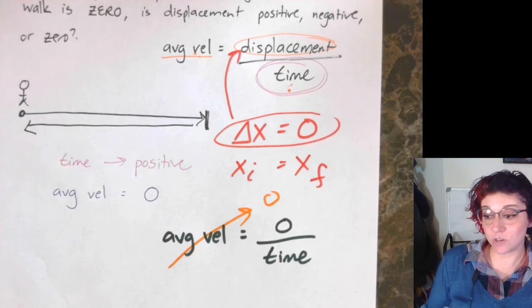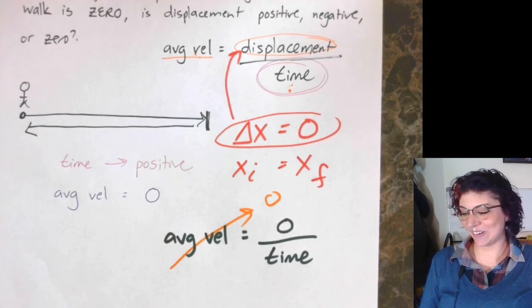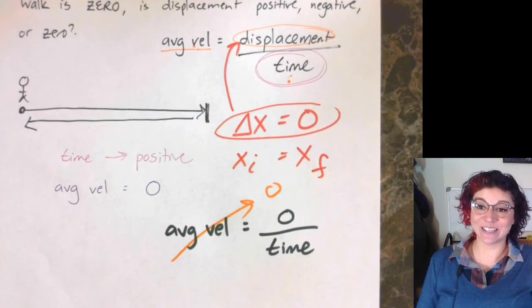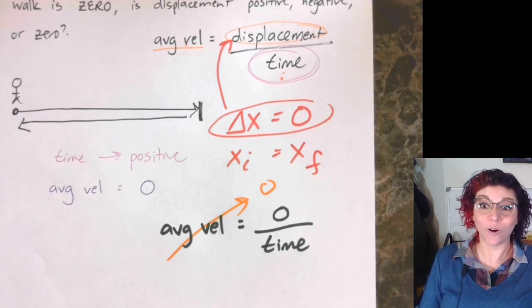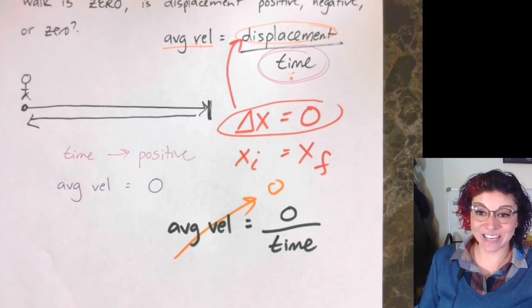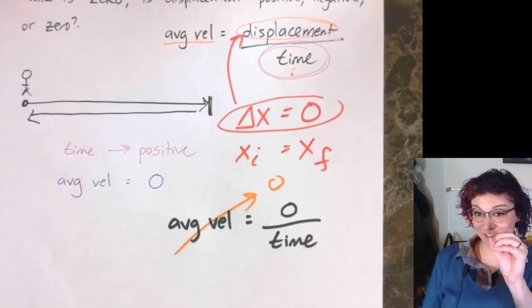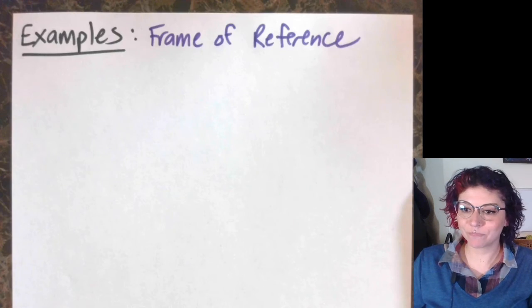So our average velocity for walking our dog was 0. I think average velocity is interesting to think about because it always kind of makes you sound like you just didn't move at all. But that's not necessarily the case. It's just that your change in position didn't move at all, which is pretty cool.